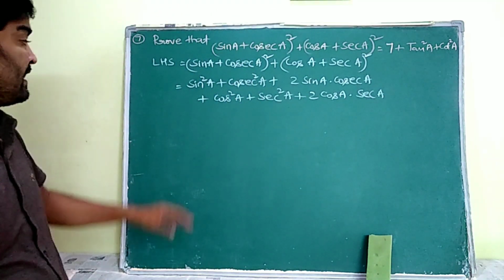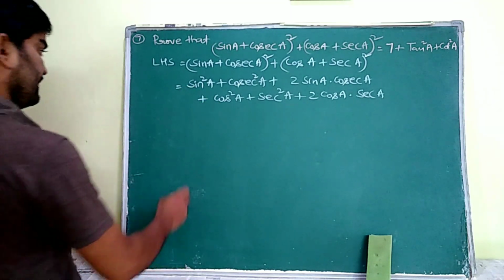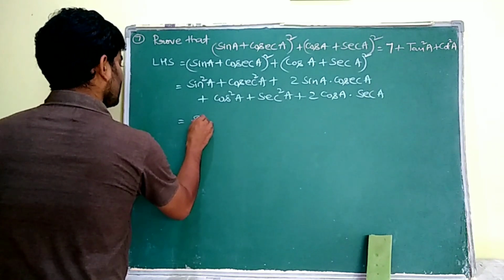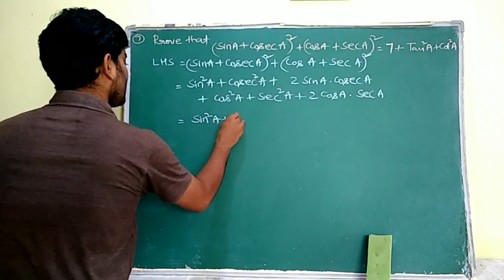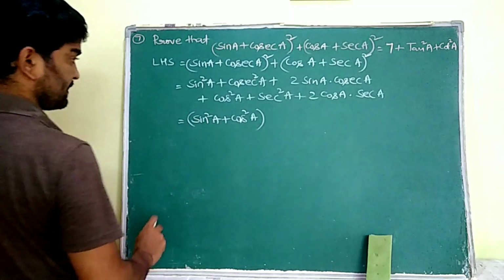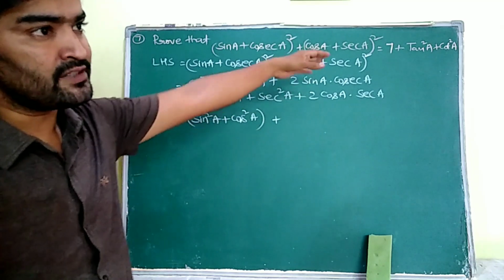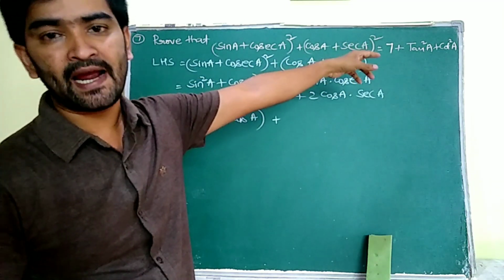Okay, na? See. Here, sin square A and cos square A are going to be paired at one place. Sin square A plus cos square A. Why? Because we know its value is 1. Now see, I have to express the entire answer in terms of tan and cot. Why?